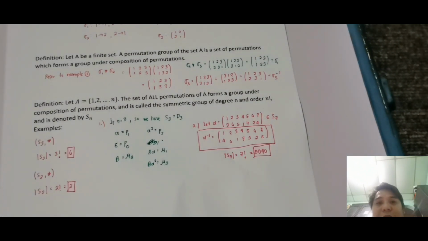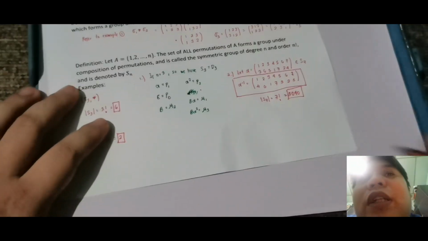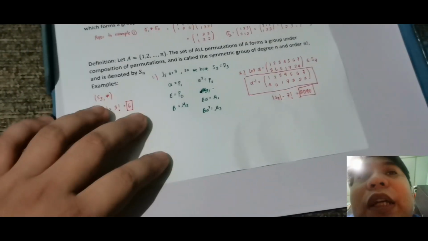Okay? Then, another thing, for example, kinuha ko yung alpha square. So, kunyari, gusto kong evaluate yung alpha square. Refer tayo dyan.